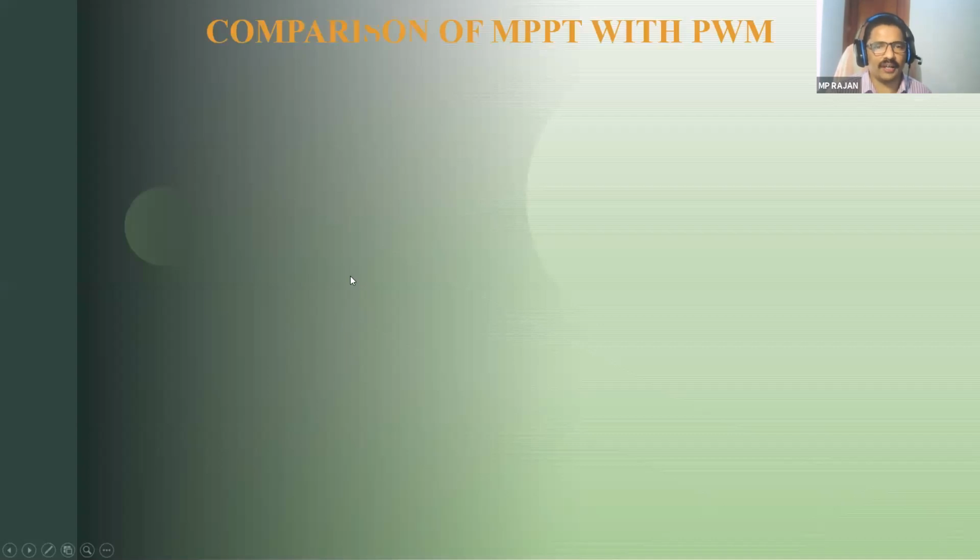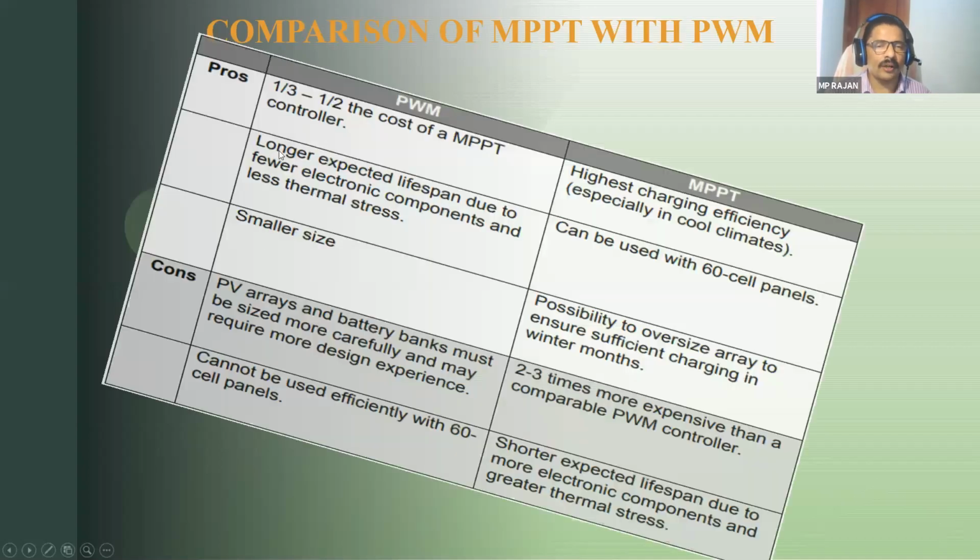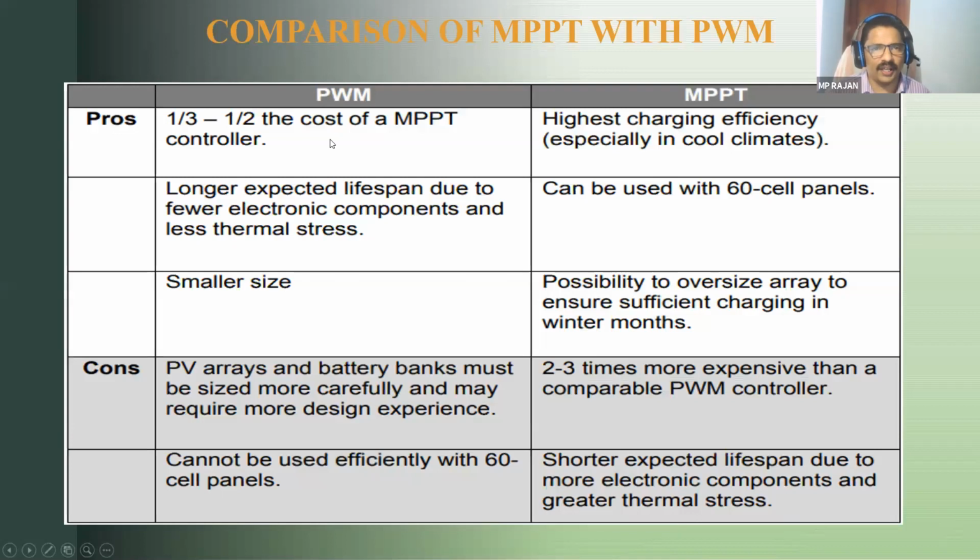Okay, we can just have a close comparison. By cost wise, PWM is very less cost compared to MPPT because MPPT has some electronic circuits, the DC to DC converter, or we can call it as DC transformer. ये सब होती है. So cost PWM का कम होता है, लेकिन it is more expensive in the MPPT.